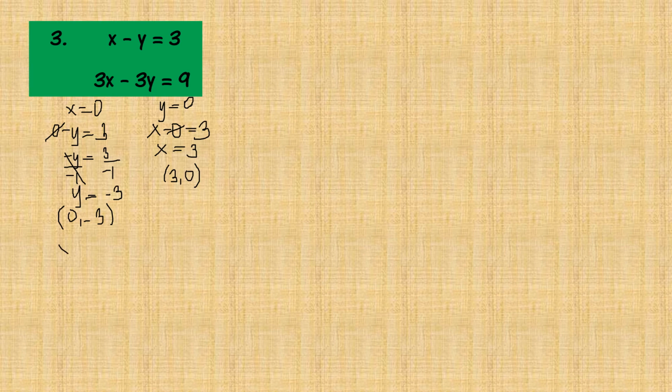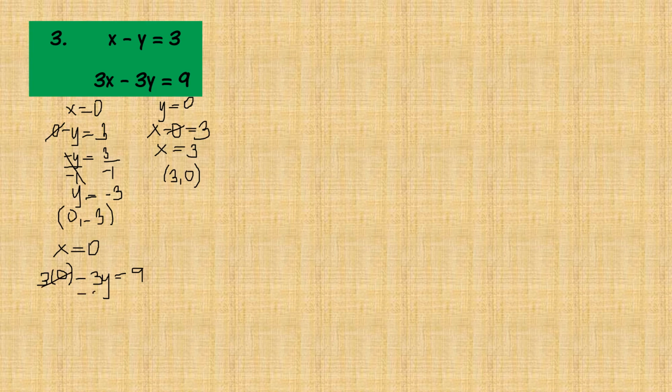Okay, next, let's have the second equation. So, let x ulit natin as 0. Then, after po niyan, substitute po natin sa ating equation na pangalawa. So, we have 3 times x, which is 0, minus 3y is equal to 9. Then, 3 times 0 is equal to 0. So, cancel na lang po natin.